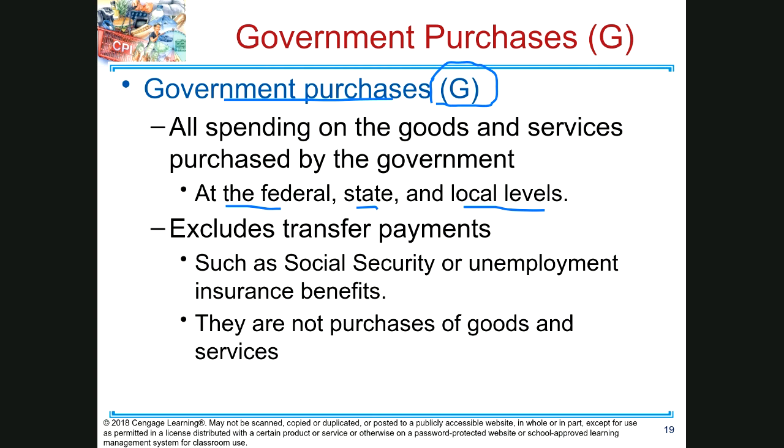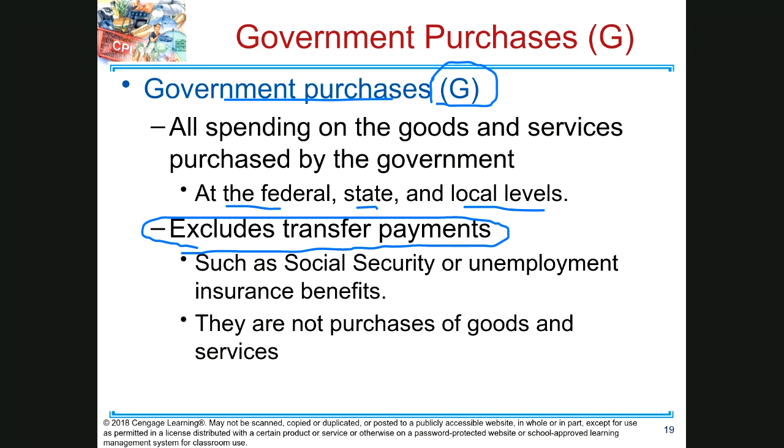One thing we exclude on that one would be transfer payments. What does that mean? Let's say the federal government spends $10 billion on army equipment and facilities. That $10 billion is part of expenditure. You spend dollars to buy equipment for the military.